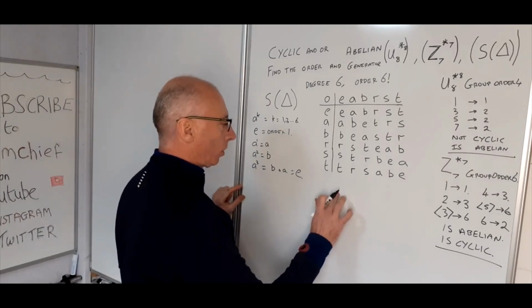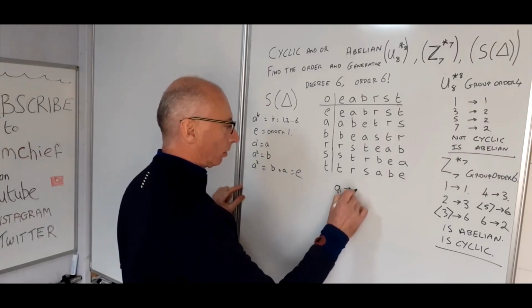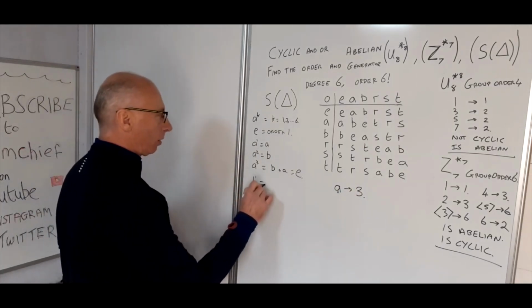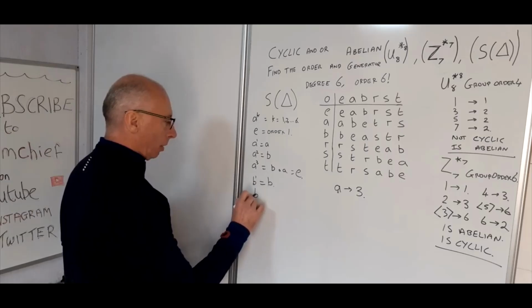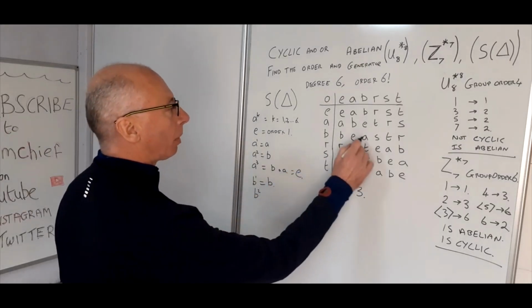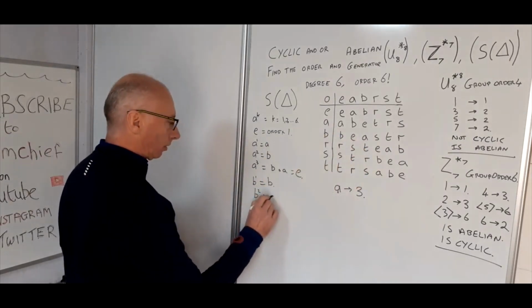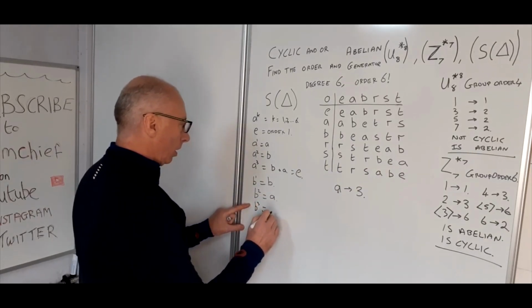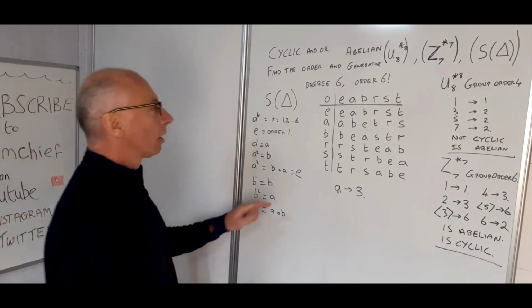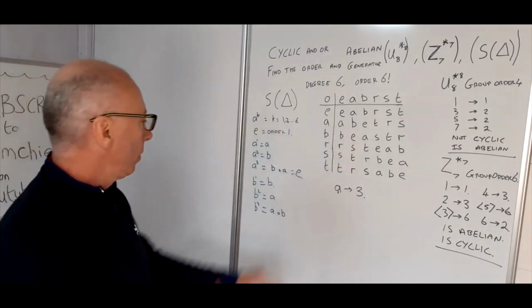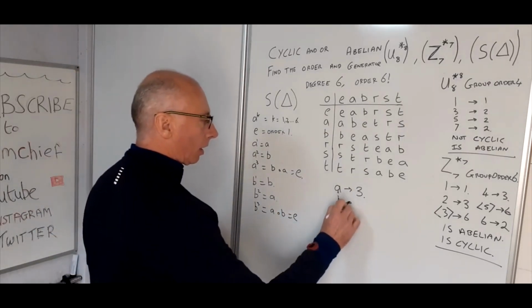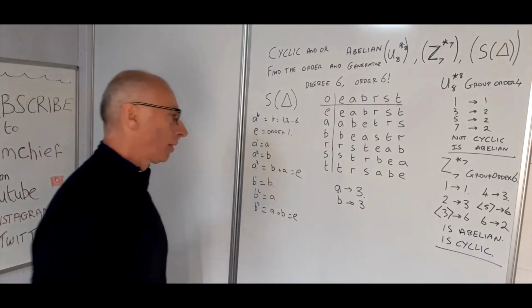So A is of order 3. Okay, what about B? B to the 1, that's going to be B. B squared, B acting on B is going to give us A. So B cubed is going to be A acting on B. So A acting on B will give us the identity. So therefore B is also of order 3.